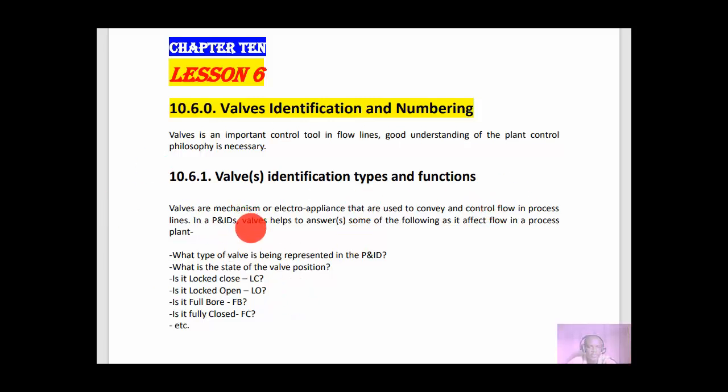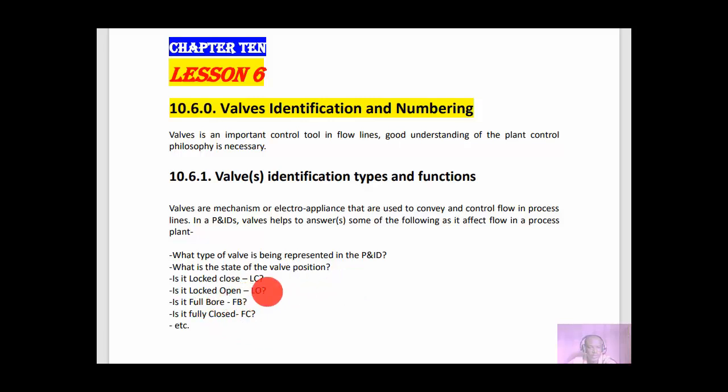Valves are mechanisms or electro appliances that are used to convey and control flow in process line. In the P&IDs, valve helps to answer some of the following as it affects flow in a process plant. What type of valve is being represented in the P&ID diagram? What is the state of the valve position?